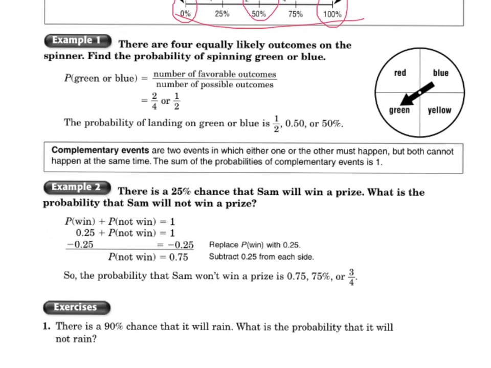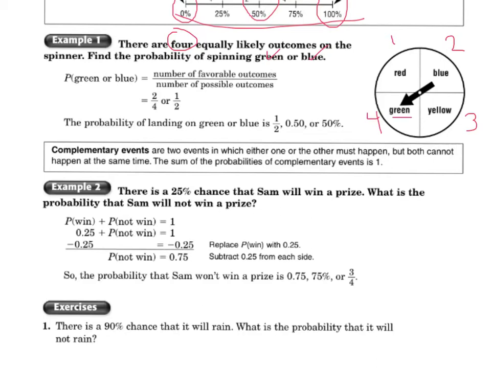Okay, look at example 1. You don't need to write this down, just watch. There are 4 equally likely outcomes on the spinner. Find the probability of spinning green or blue. So how many green ones are there? There's 1.